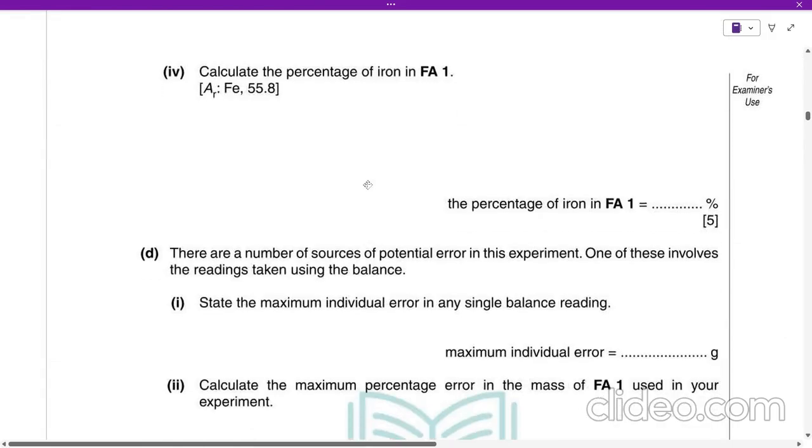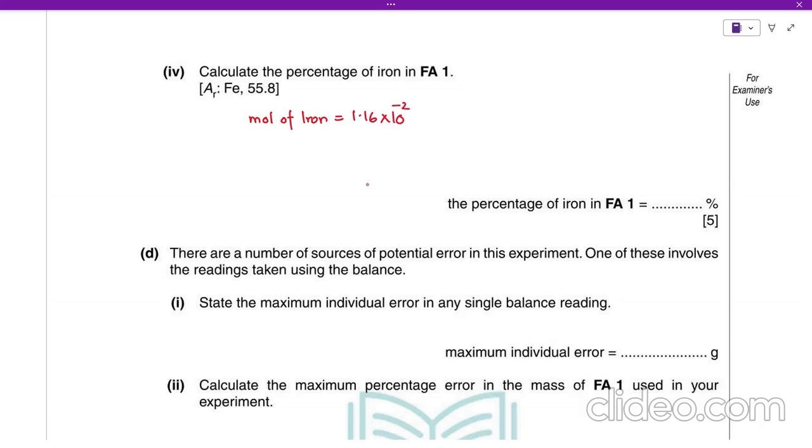So we have the moles of iron. It was 1.16 into 10 power minus 2. Let's find the mass of it. The mass will be 55.8 into 1.16 into 10 power minus 2.